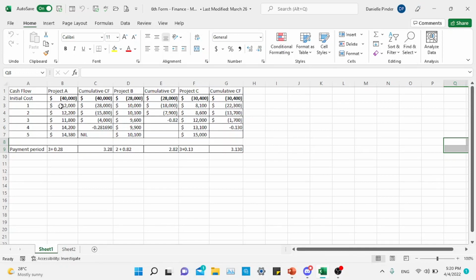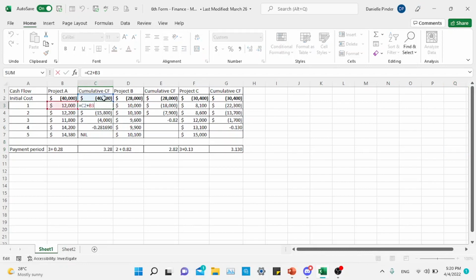And so this here is the cash flow for each year. $12,000 is the cash flow for year one, and then $12,200 is the cash flow for year two, and so on.